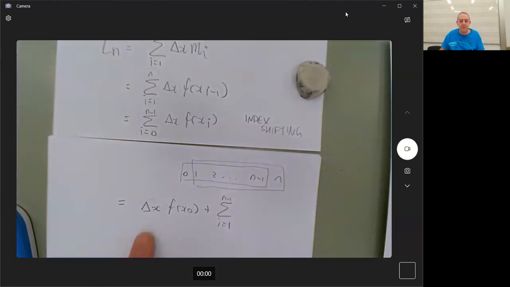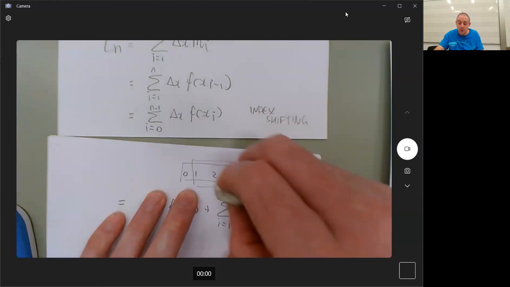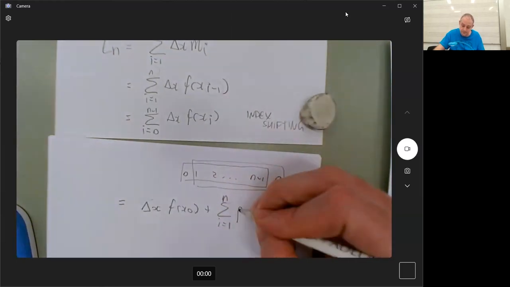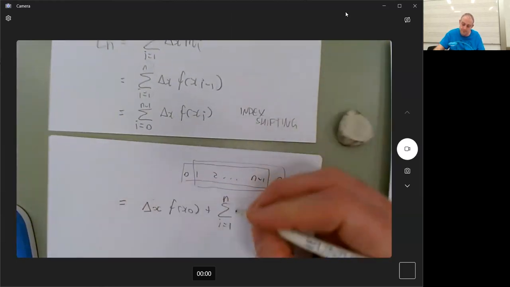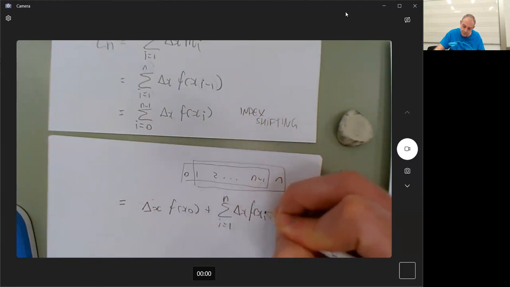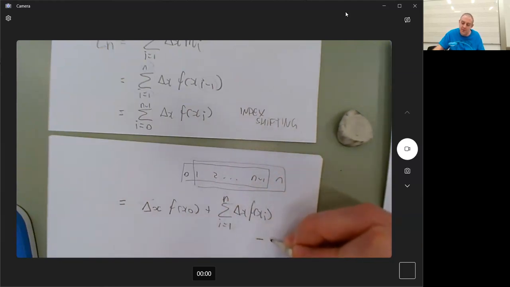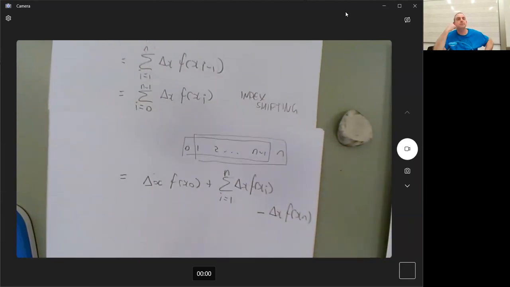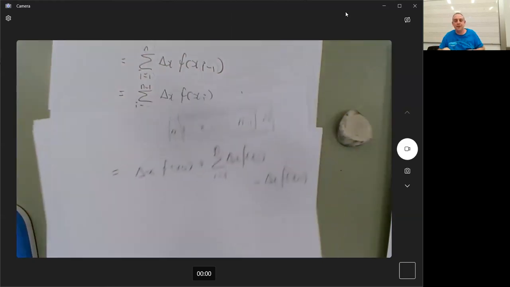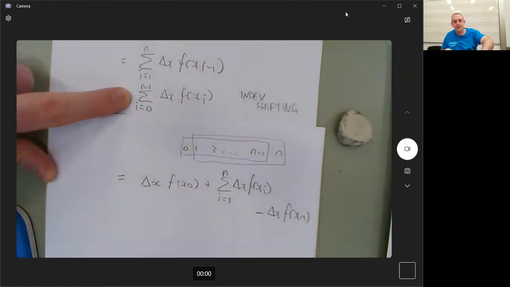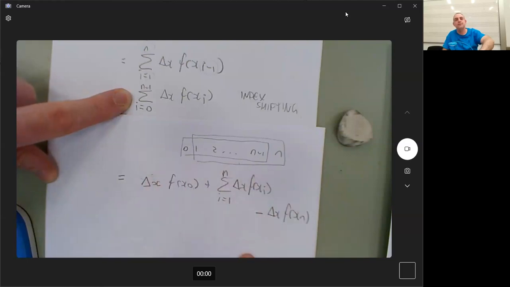So now it looks like this. That's the one for 0, and I go from 1 to n minus 1 instead. And I'm going to go all the way up to n, and I'm going to have to take off the one for i equals n. So this thing here is the same thing as this thing here.